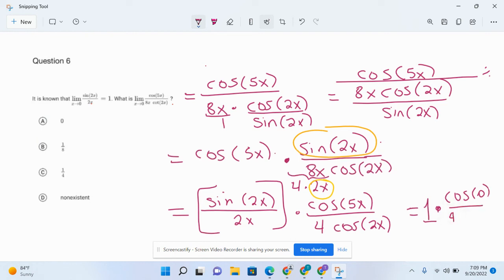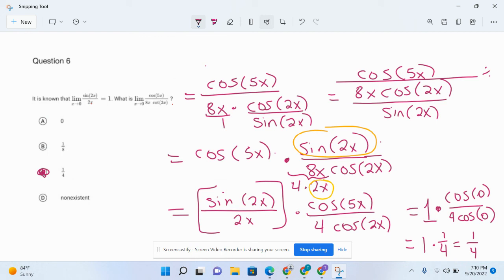On the bottom, I have 4 cosine of 2 times 0, so cosine of 0 there too. Cosine of 0 is 1, so the top is 1. On the bottom I have 4 times 1, which is 4. So my answer is 1 times 1/4, and 1 times 1/4 is 1/4.